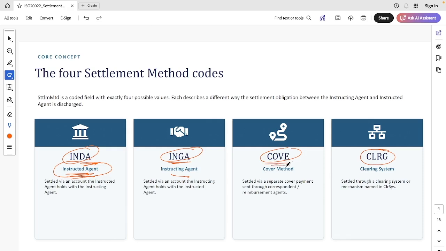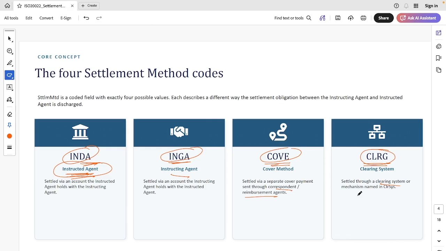Then we have COVE. COVE means the payment is being settled using a separate cover payment, usually through correspondent or reimbursement agents. Then we have clearing. Clearing means settlement happens through a clearing system, such as your RTGS system, CHIPS, Fedwire system, TARGET system, and so on.